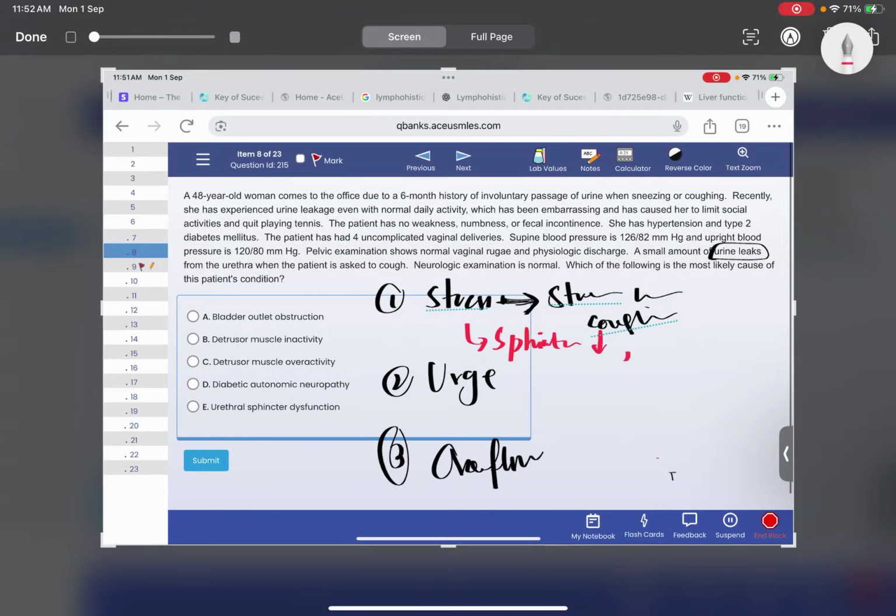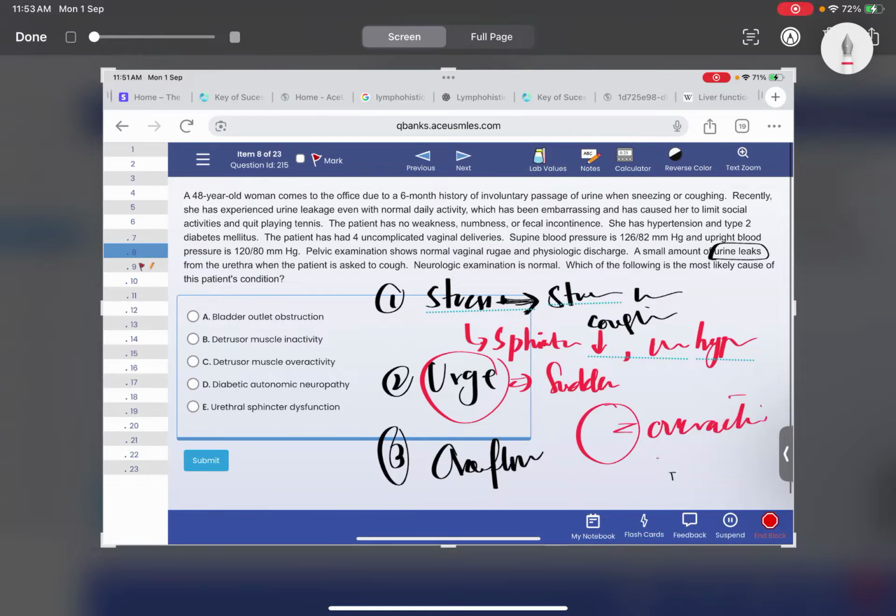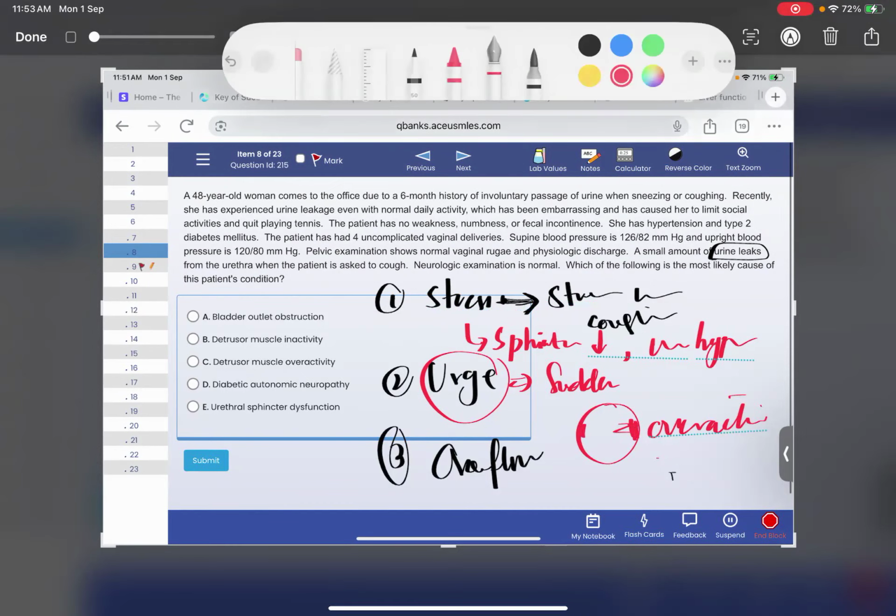Okay, what is urge incontinence? It is sudden: you will feel a sudden urge to urinate. And what is the cause of it? The detrusor muscles are overactive, okay?